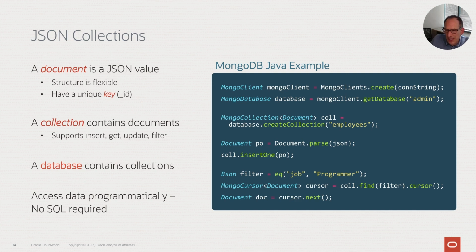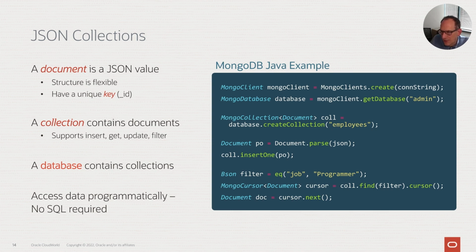Good. So let's look at an example to explain how this conceptually works. We have a simple program here on the right side. We connect to a database using a connect string. Then we get a database called admin. We create a collection called employees. We insert some JSON data, probably some employee data.